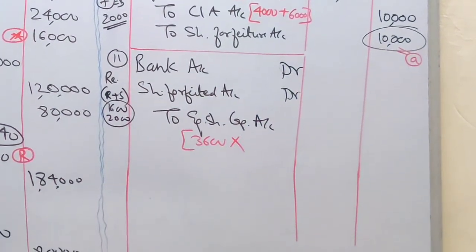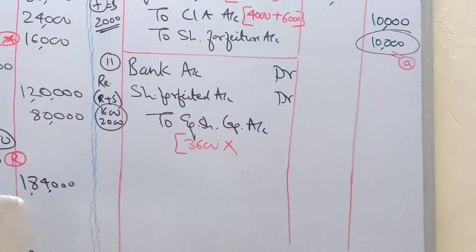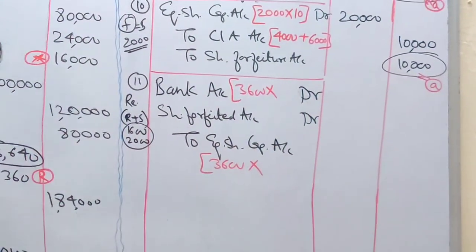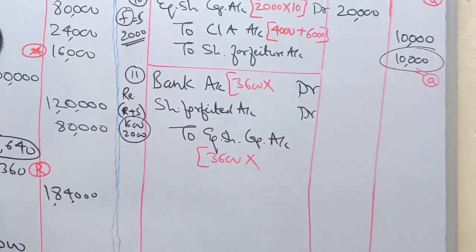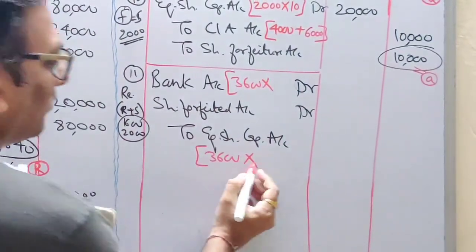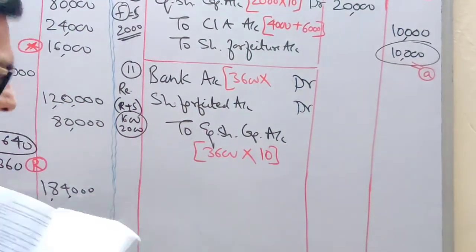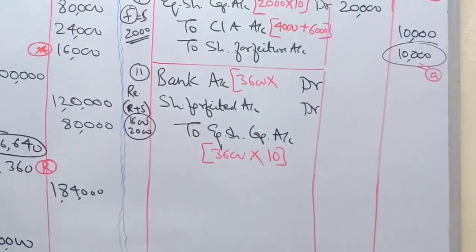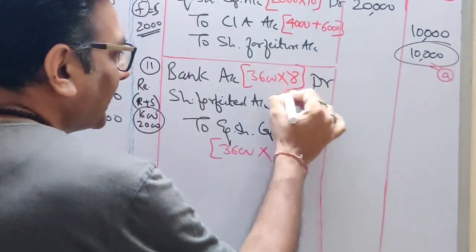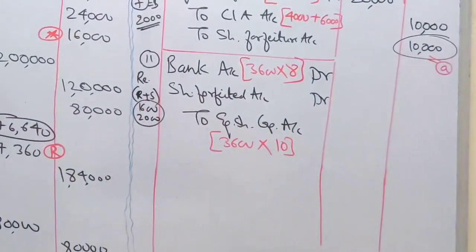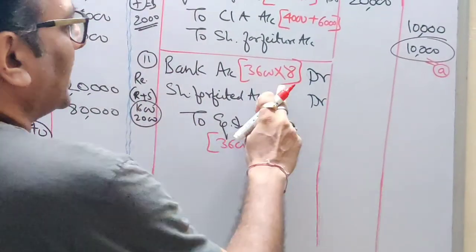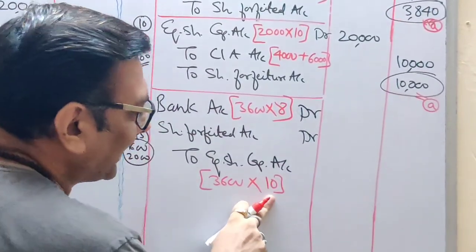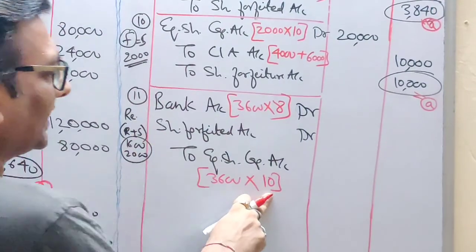Let's read the question. What the question says, we are reissuing 3600 shares at what price? All the forfeited shares were reissued as fully paid up. What do you mean by fully paid up? 10 rupees. All the forfeited shares were reissued as fully paid up at rupees 8 per share. So you have reissued shares at rupees 8. This is your issue price and this is your fully paid up, that is equal to face value 10.